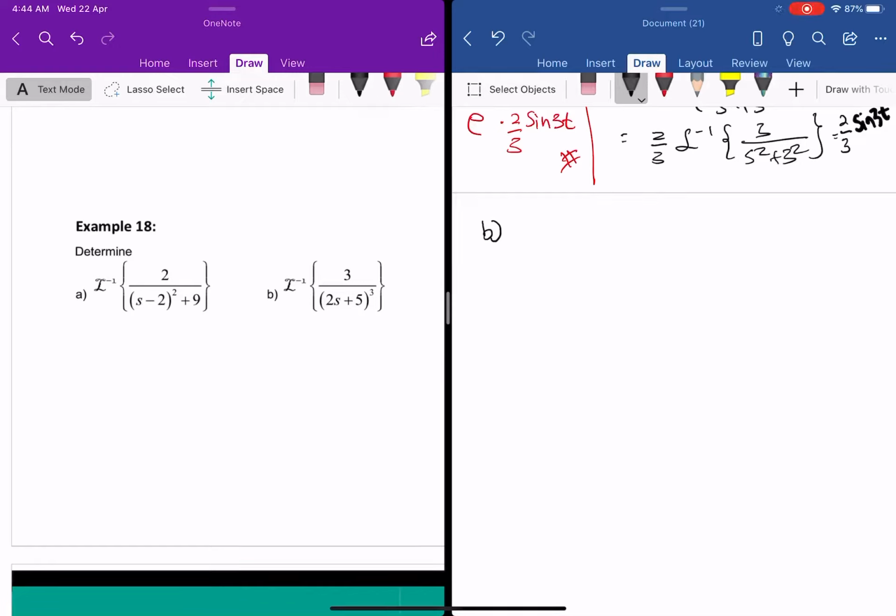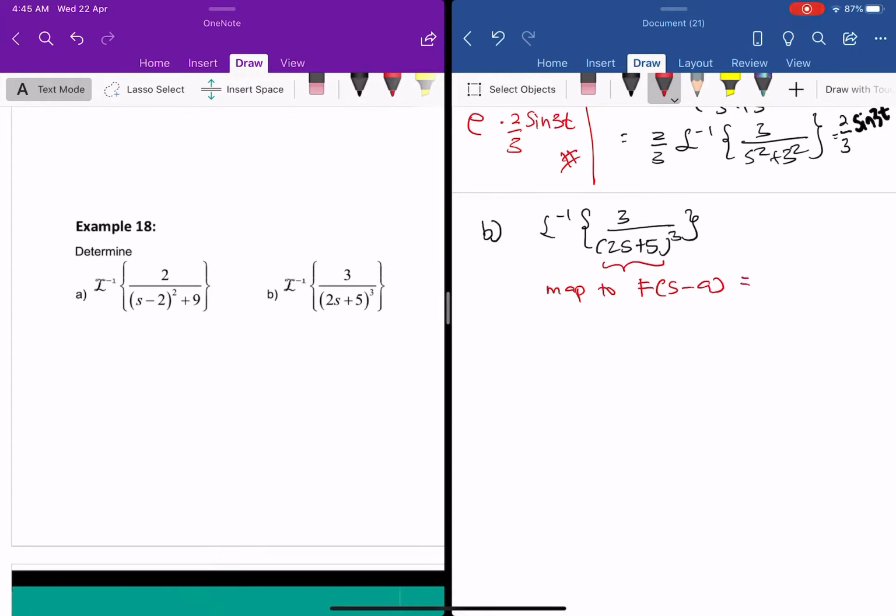Okay, for example B, we want to find the Laplace inverse of 3 over (2s plus 5) to the power of 3. As usual, when we have s plus something or s minus something, we know that this maps to F(s minus a).